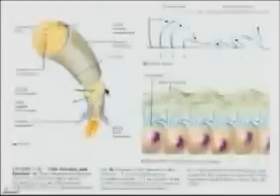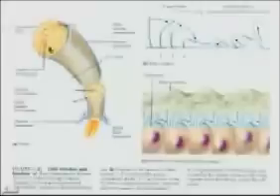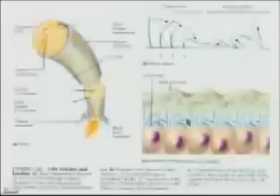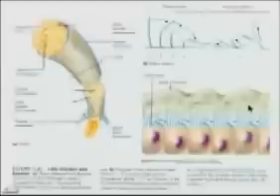Here we see the cilia with its cytoskeleton components internally, and of course those are key for producing the movements such that the fluid on the surface, in this case external environment, can be moved.